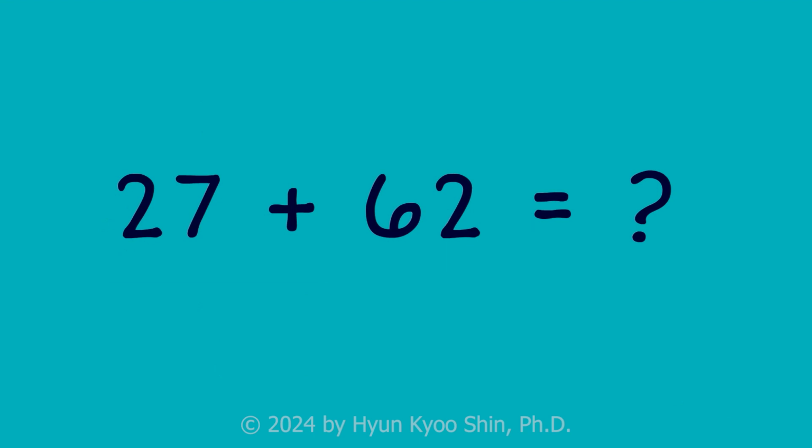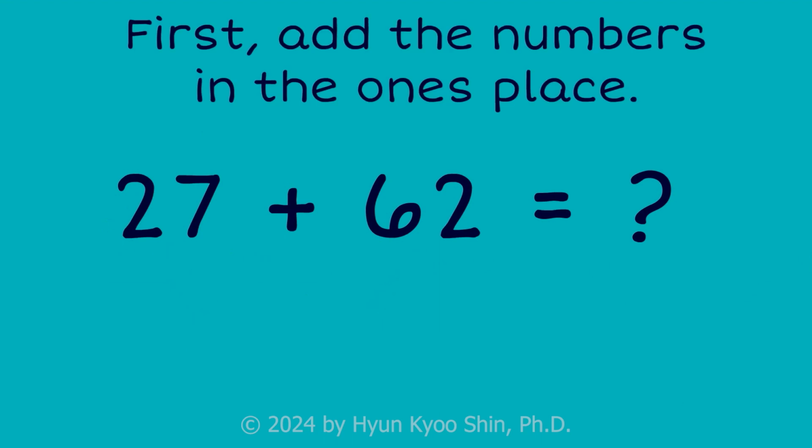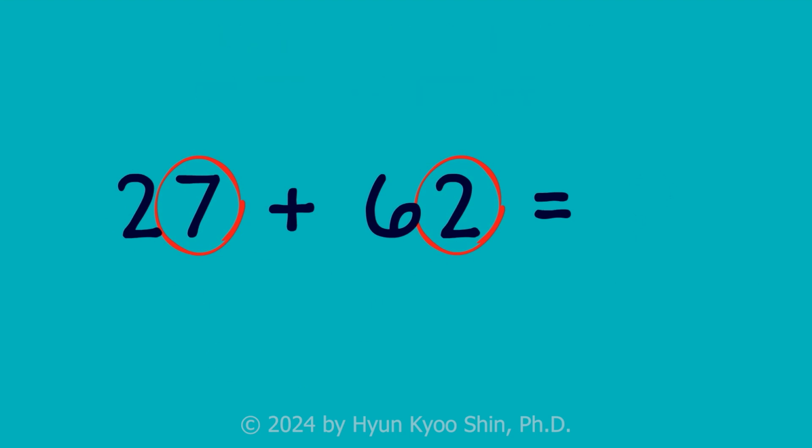27 plus 62 is equal to... 27 and 62 are two-digit numbers. First, add the numbers in the ones place. 7 plus 2 is equal to 9.